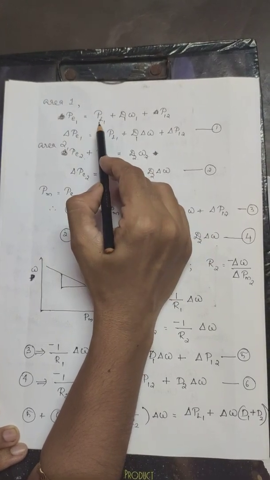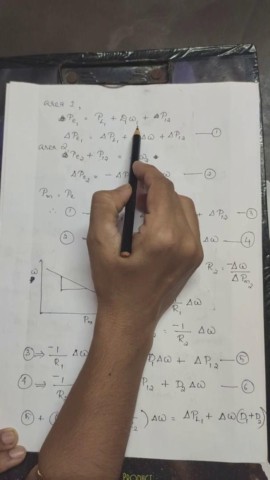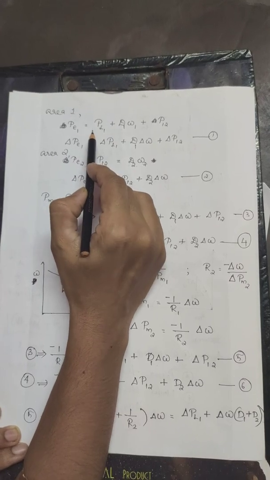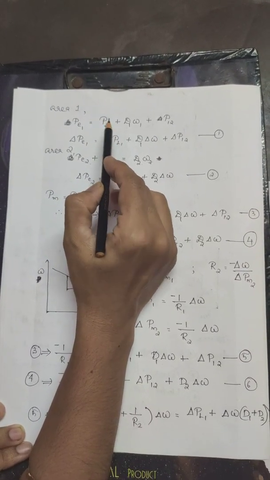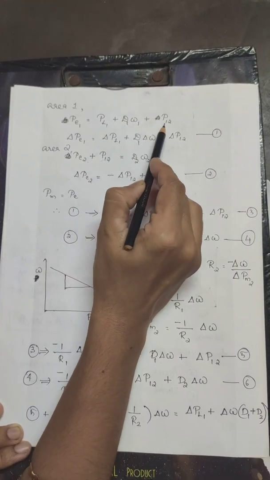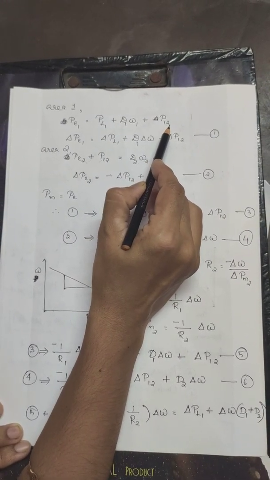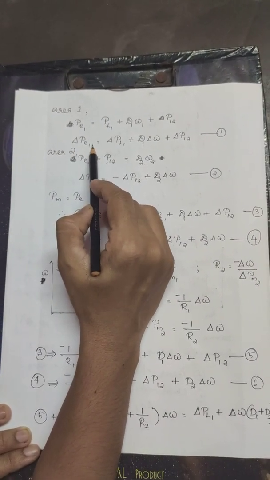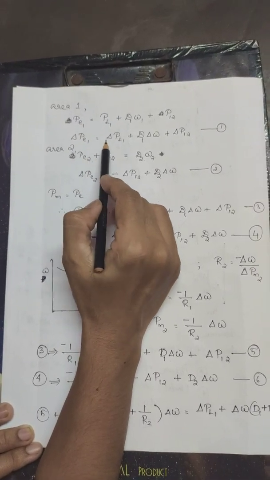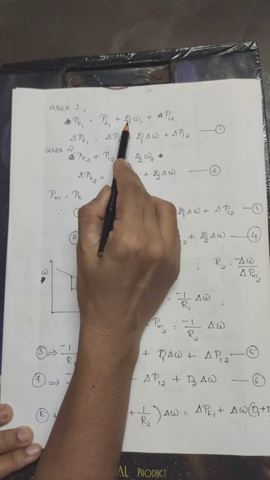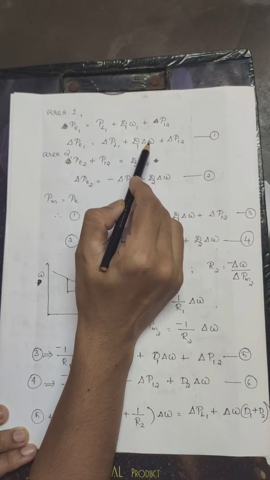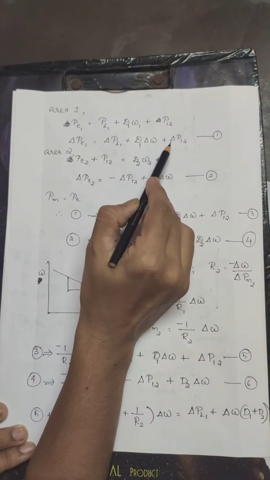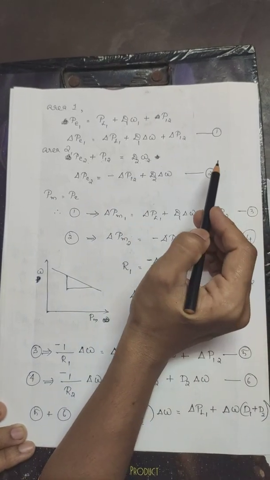In addition to both these, there will be frequency dependent loads also. So the total electrical power output of area 1 is used for supplying frequency independent loads, frequency dependent loads, as well as it has to supply the tie line power to area 2. And in terms of change in power, it can be written as delta PE1 is equal to delta PL1 plus D1 into delta omega, because delta omega 1 can be taken as delta omega, plus delta P12. So this is marked as equation number 1.